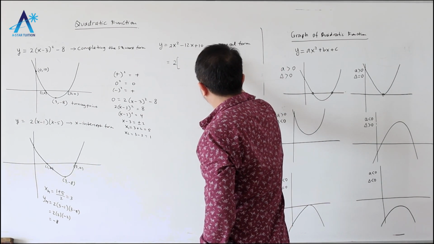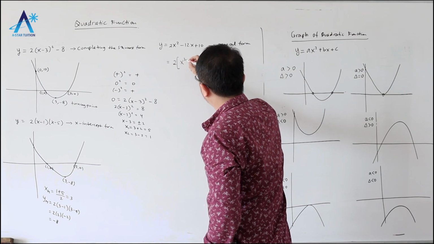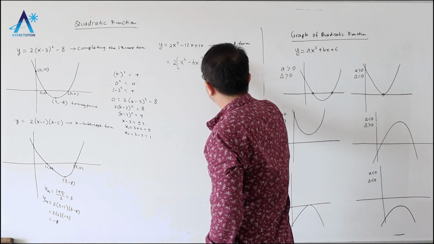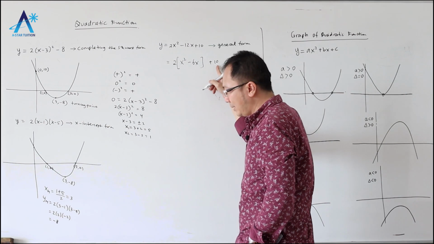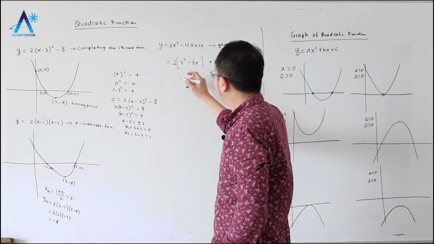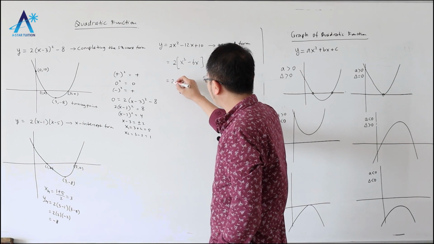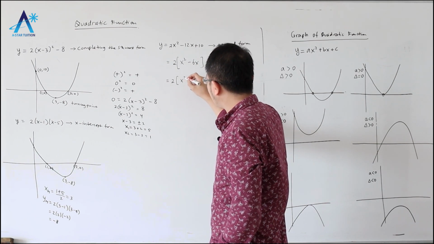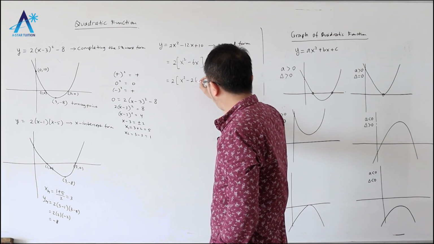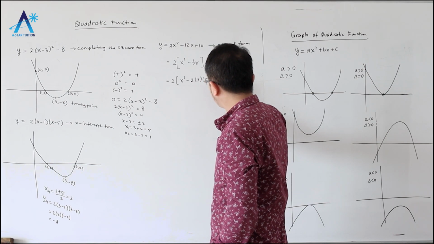Then the terms inside the bracket will be x squared minus 6x. The positive 10 remains there. And then this x squared minus 6x can be written as x squared minus 2 times 3 times x.